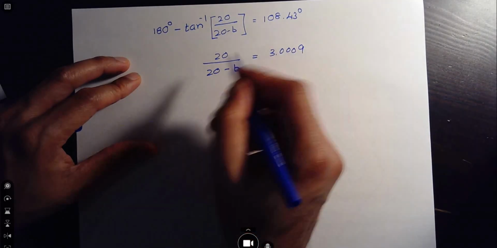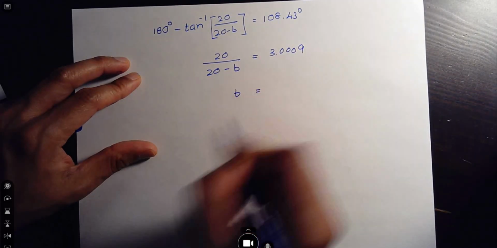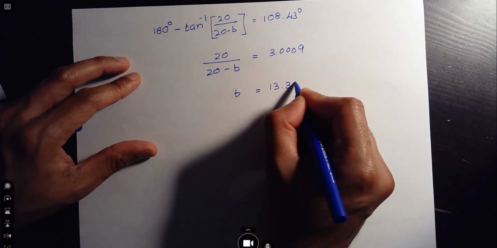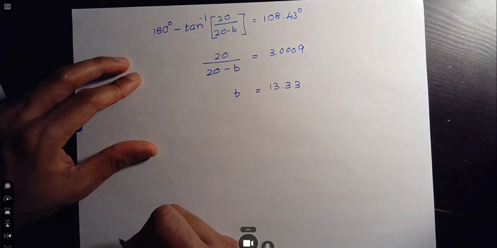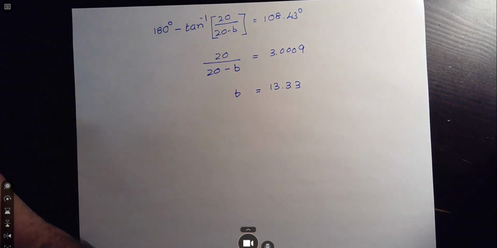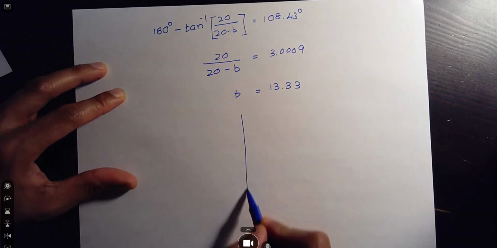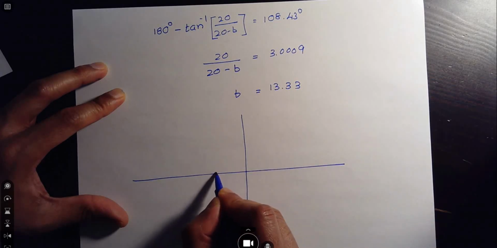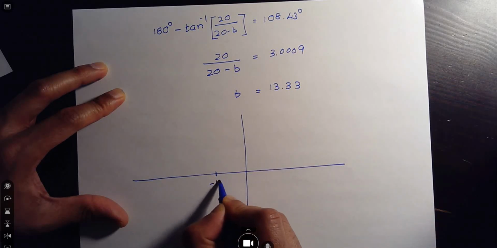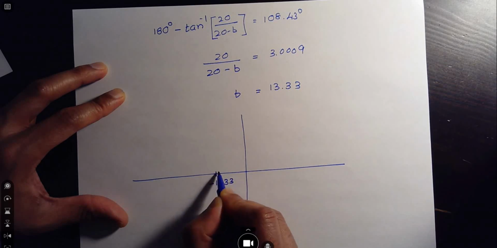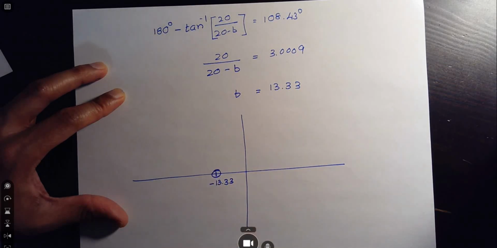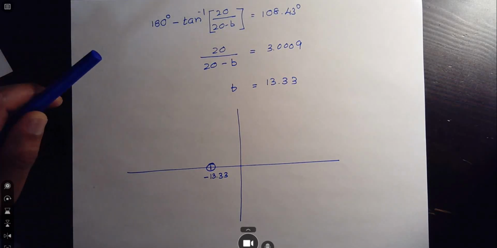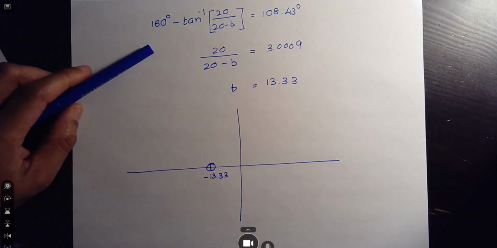Therefore, solving for b, we get a value of 13.33, meaning our zero is going to be at negative b, which is negative 13.33. That's the zero location. Let's see what happens in this case.